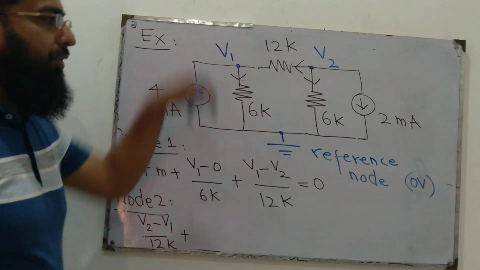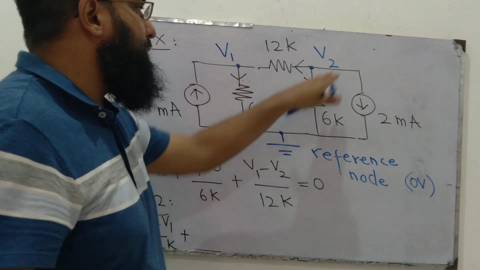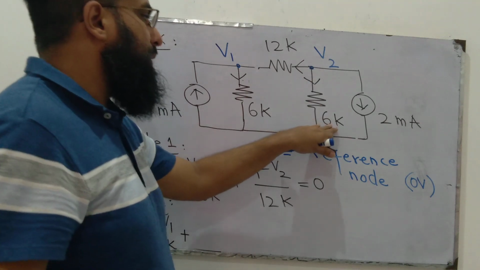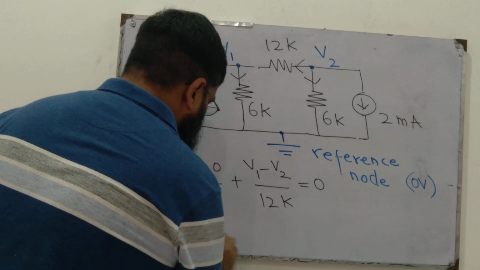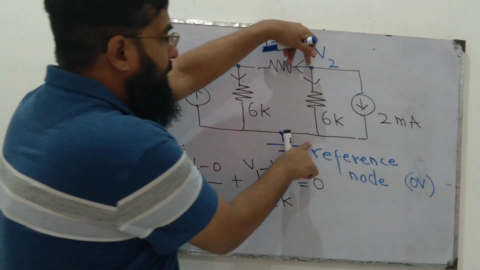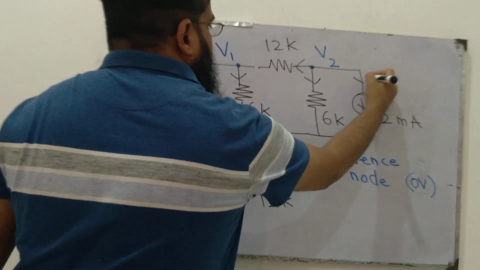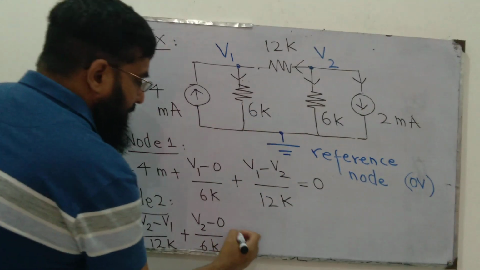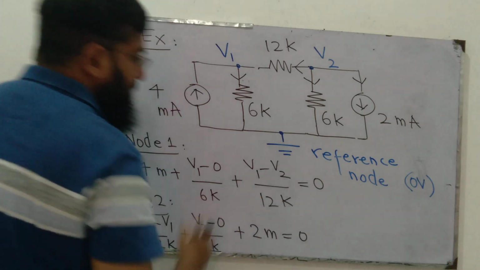What is the current flowing downwards? What's the voltage drop across the 6K resistor? V2 minus 0, divided by 6K. According to Ohm's law, the voltage drop across the 6K resistor divided by its value. Plus, we are definite about this current that's leaving, so writing it, 2 milli is equal to 0.